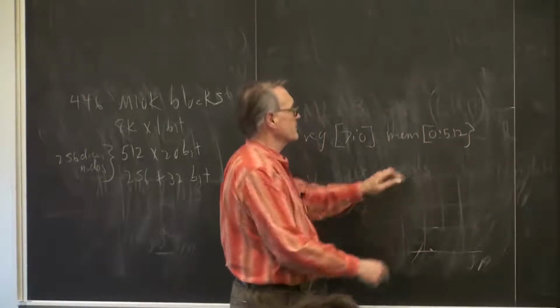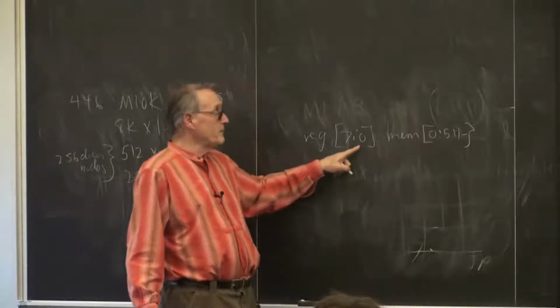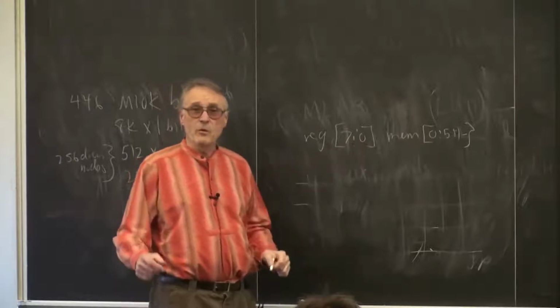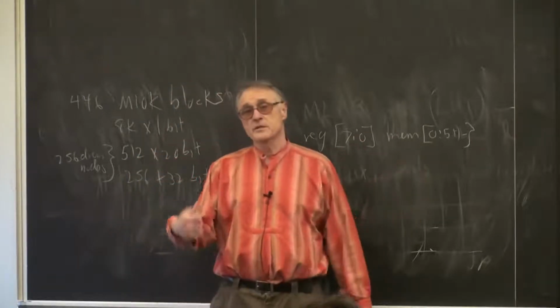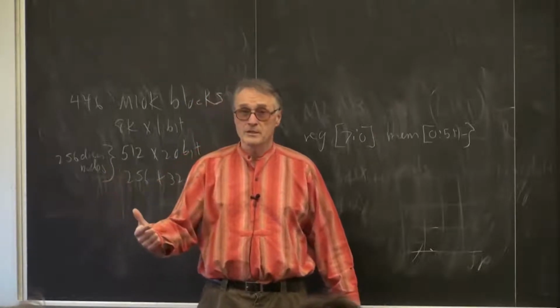Then I've asked 511. I've asked for 512 words of 8-bit memory. How do I specify whether I want that in registers, M10K blocks, or MLAB blocks?